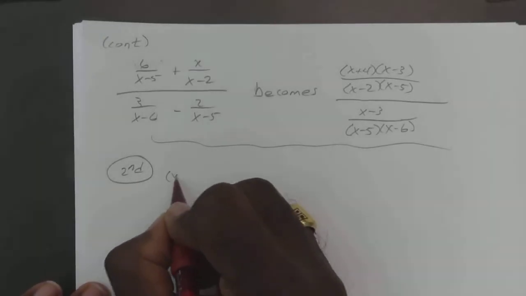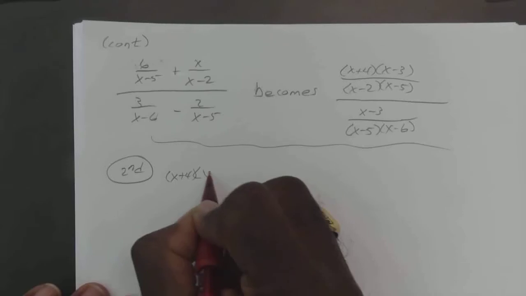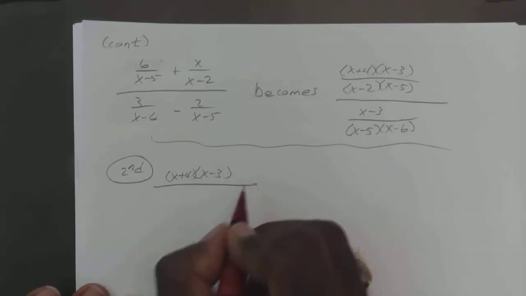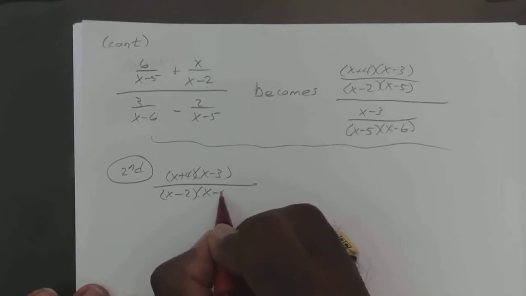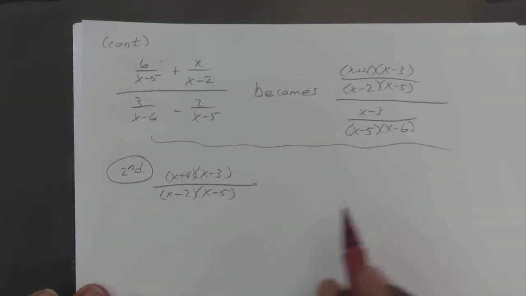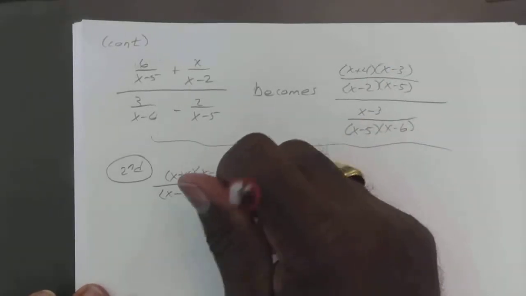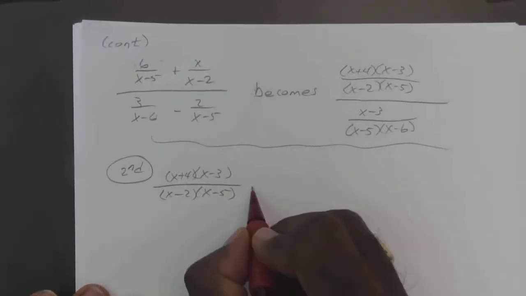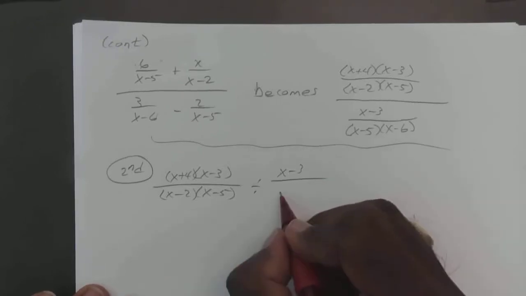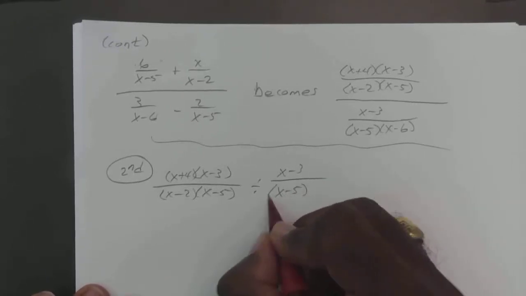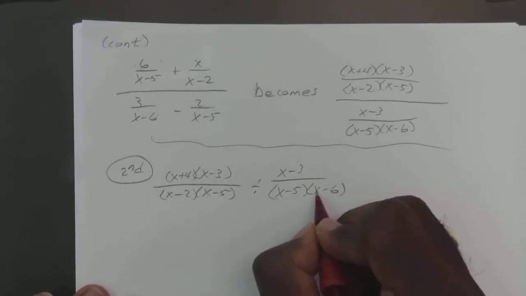So that means your x plus 4 times x minus 3 divided by x minus 2 times x minus 5. And instead of drawing that as a fraction, you just make it divided by x minus 3 over x minus 5 times x minus 6.